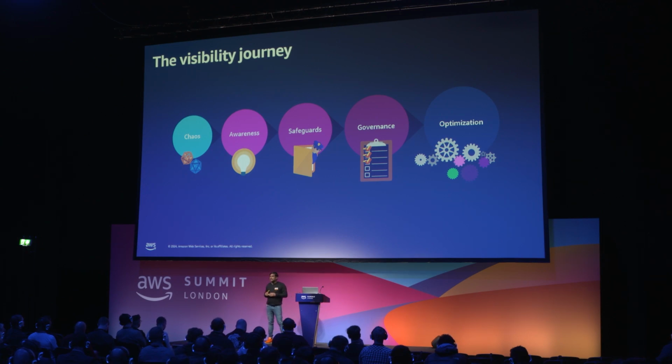AWS has been building services and features over the years so that these optimizations which we talk about can be brought up a little bit earlier in your journey. So you don't have to have the full run state of operations of cloud or of FinOps before you can start your optimization journey.